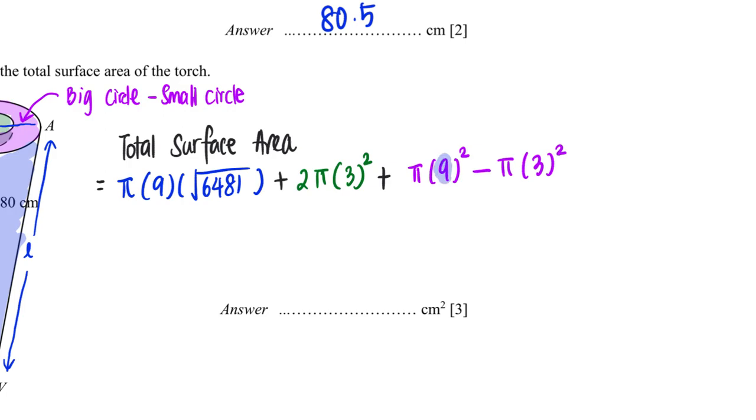The big circle uses the radius of the cone. The small circle uses the radius of the hemisphere.